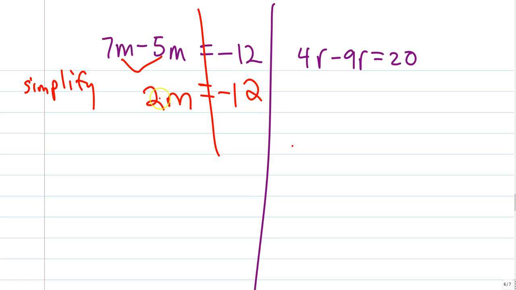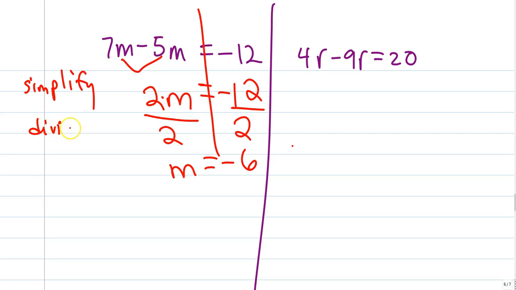Now, m is being multiplied by 2. So the inverse of multiplication would be to divide by 2, so that m equals. Same on the right. Okay, so we did what? We simplified, and then we undid the multiplication by using division.